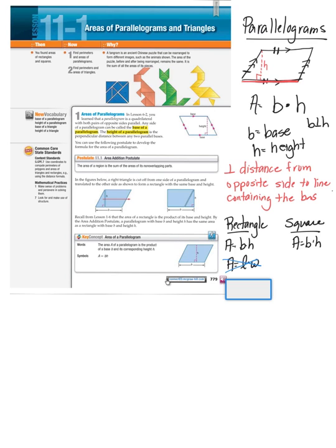So a base times a height, okay? But with a square, I'm still having the base times the height, but in my lovely little square, my base and my height are the same. And we usually refer to them as a side. So the area of a square is the side times itself.